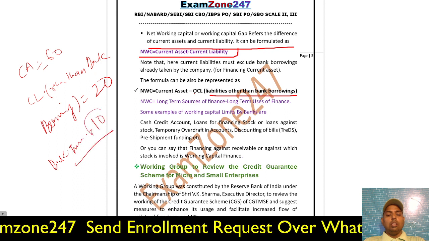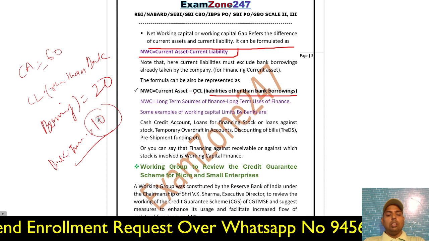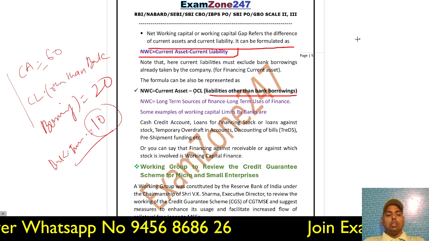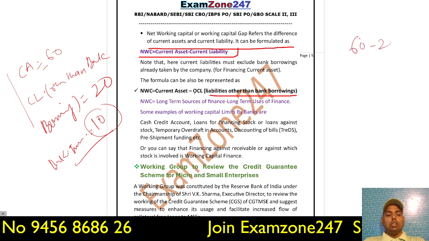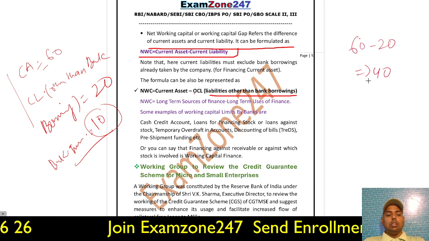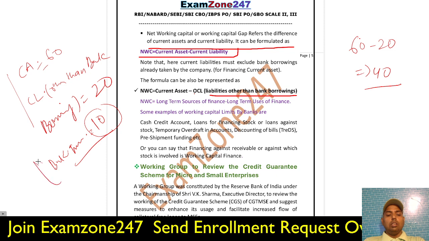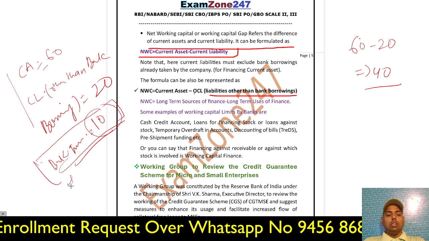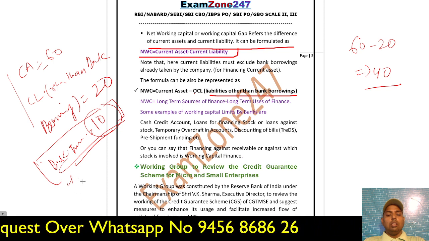Then we won't include this in current liability while calculating the working capital gap. Here the working capital gap will be merely 60 minus 20, which is equal to 40. Now, what will be the fate of this 10? This is already included as bank finance already available.